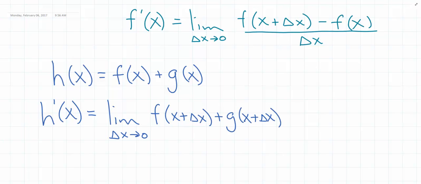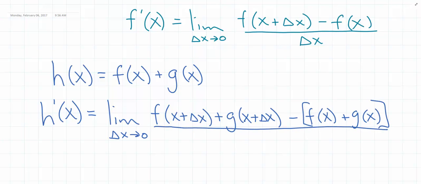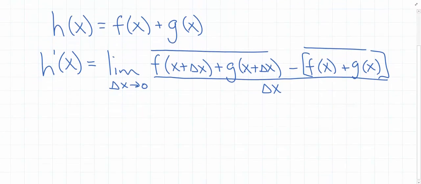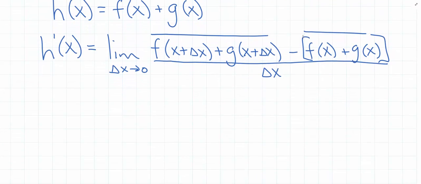So there's the first part, minus f of x plus g of x. So this is just something that we need to be aware of. Are there any questions? Does everybody see how I got to that point? This right here is just h of x plus delta x, and this is just h of x. So we're just plugging straight into the definition.